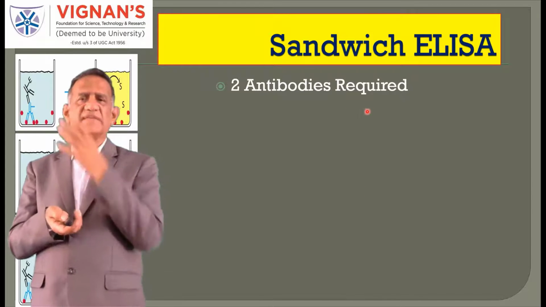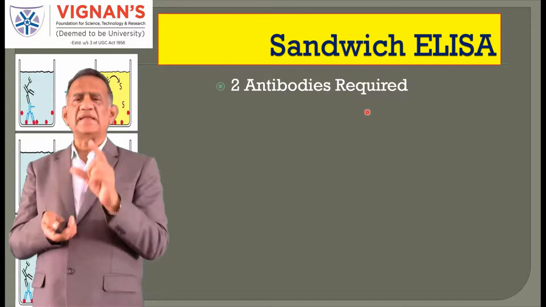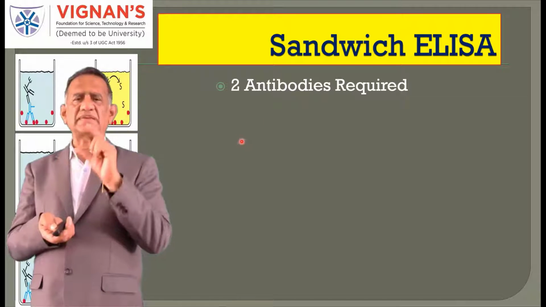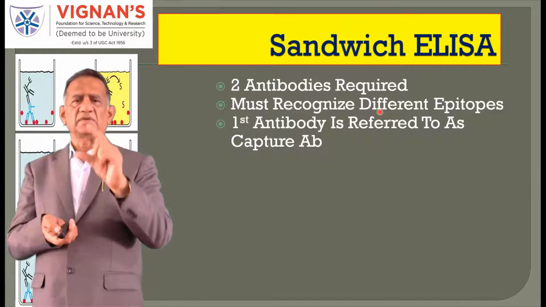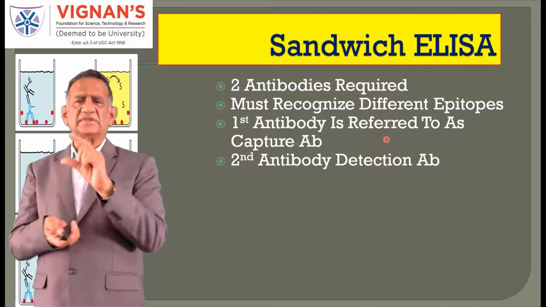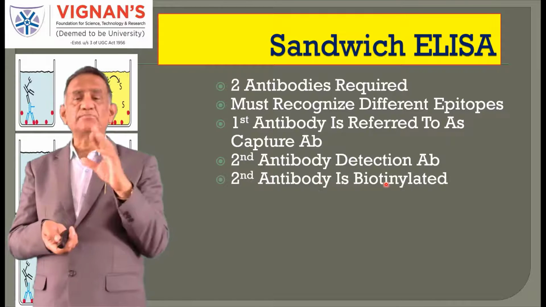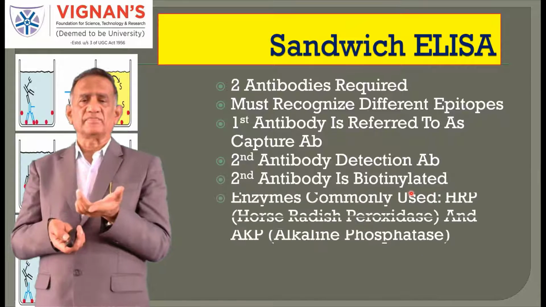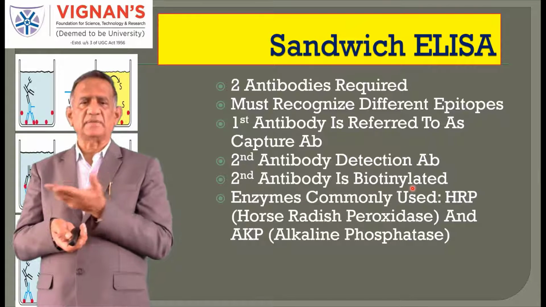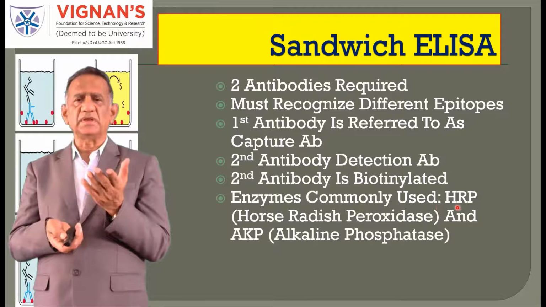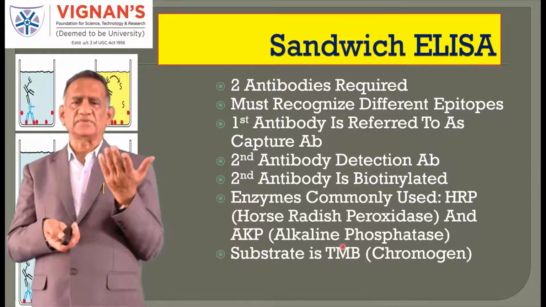Now let us explain the sandwich ELISA, as we have seen in the earlier diagram. Sandwich ELISA requires two antibodies. One is the capture antibody, the other one is the detecting antibody. The detecting antibody is biotin related. Biotin is one of the big complex vitamins. The enzyme is usually HRP, horseradish peroxidase, or alkaline phosphatase.